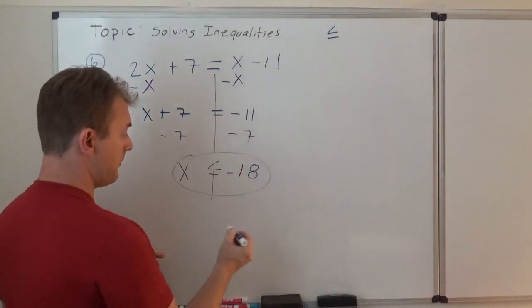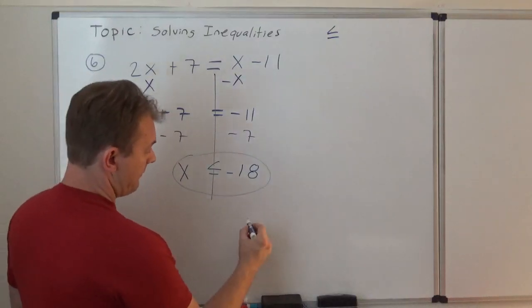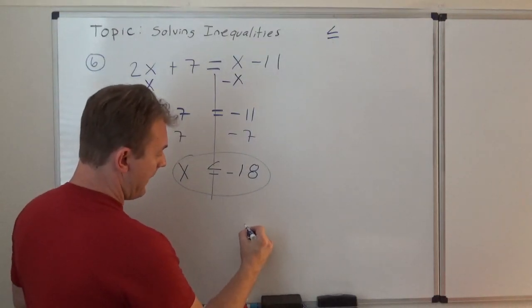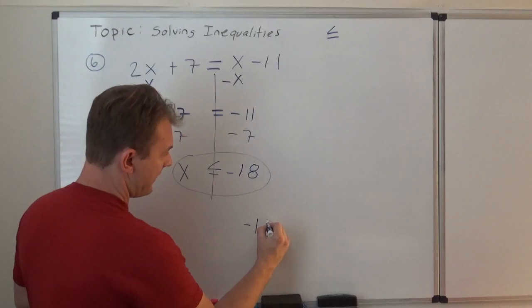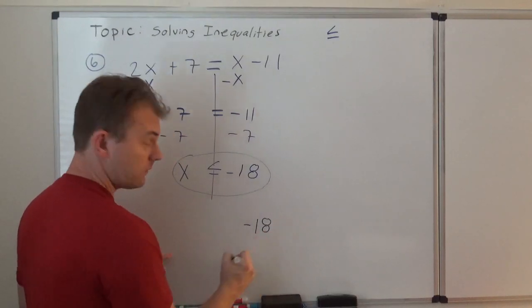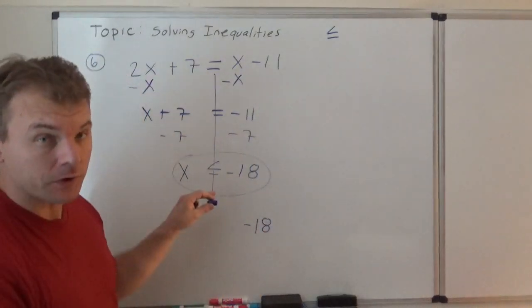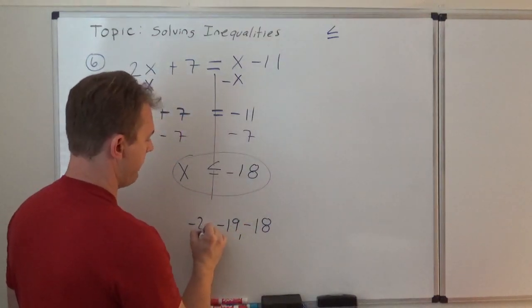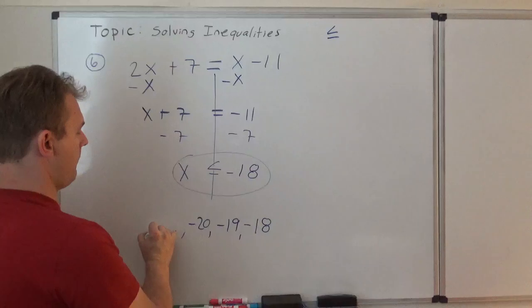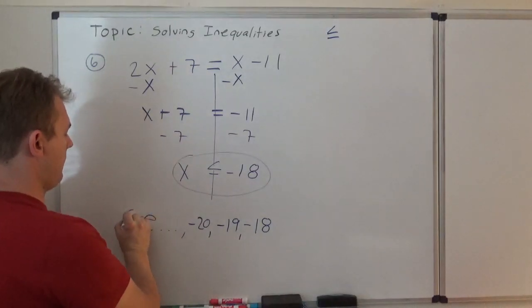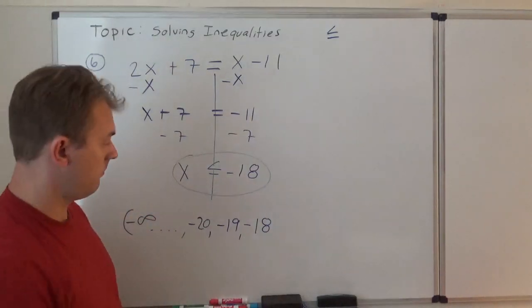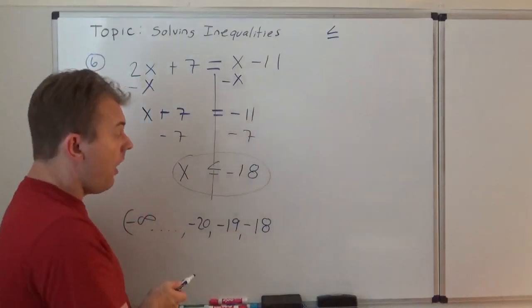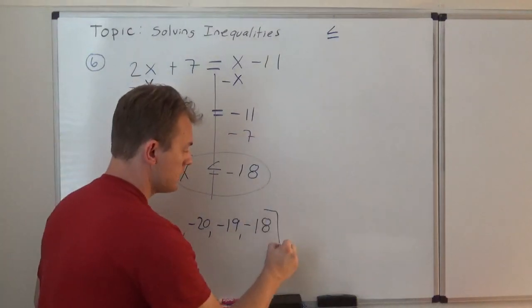Well, what numbers are those? You have negative 18. That's one. Could be equal to. What about negative 19? What about negative 20? What about boom, boom, boom, boom, negative infinity? What about anything else this way? No. So we're going to close that down.